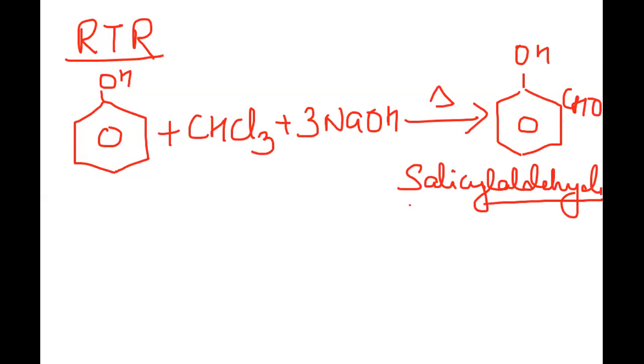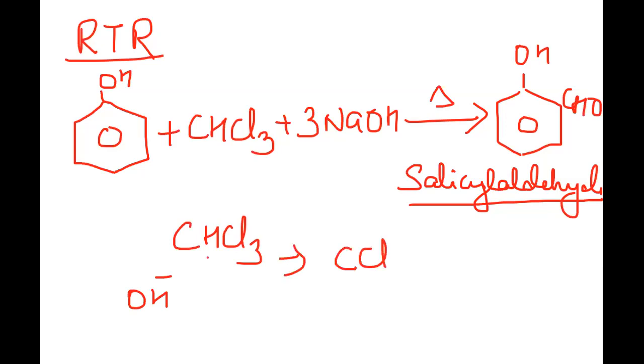The reaction proceeds via the generation of a dichlorocarbene. Let's see what I'm talking about. This CHCl3 in the presence of OH minus is going to lose a hydrogen and form CCl3 with a negative charge.